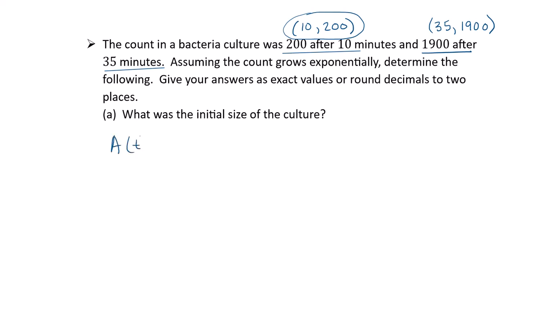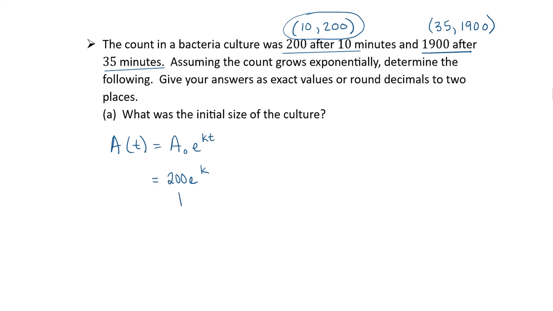So for A of t equals A sub 0 e to the kt, I can say this starting amount was 200, e to the k, the other part that I have is at 35 minutes, we're at 1900.